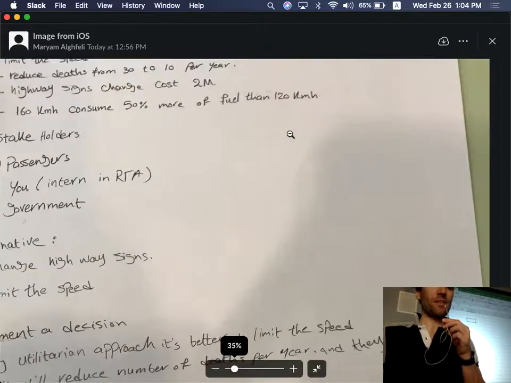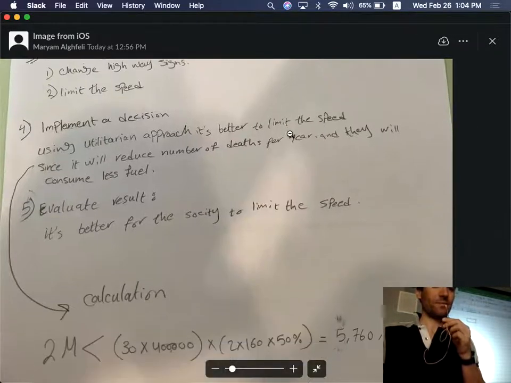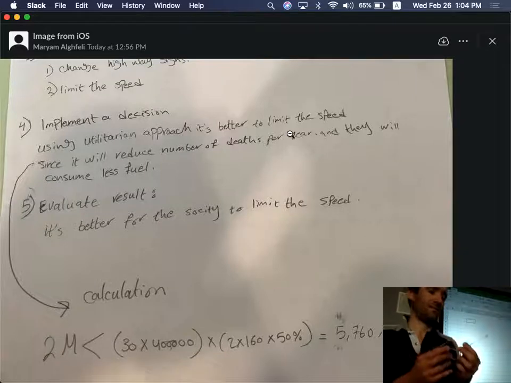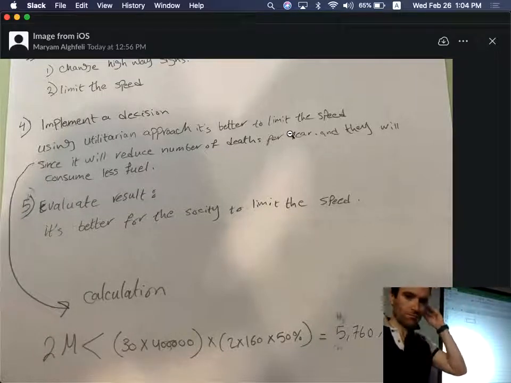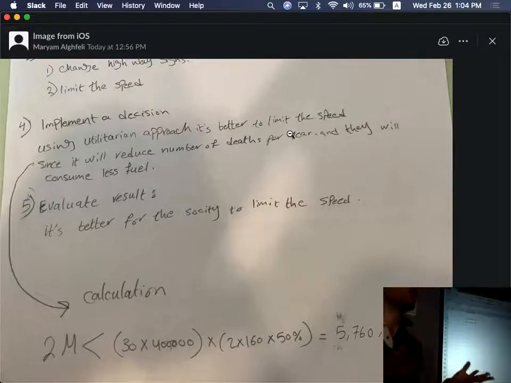Ta-da! So can you explain this calculation, please? Yes, we pay 2 million to change the speed. So this change costs 2 million. Very good.